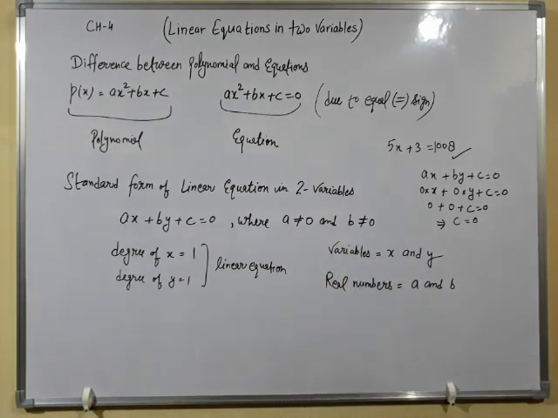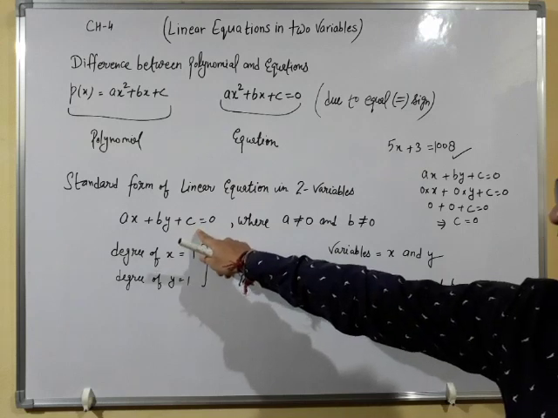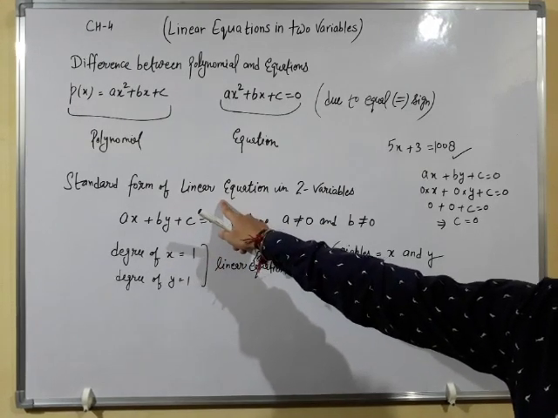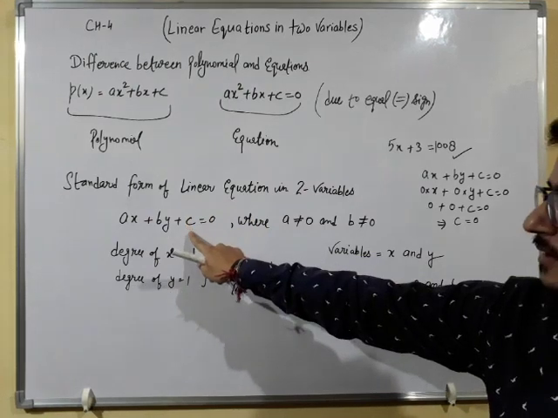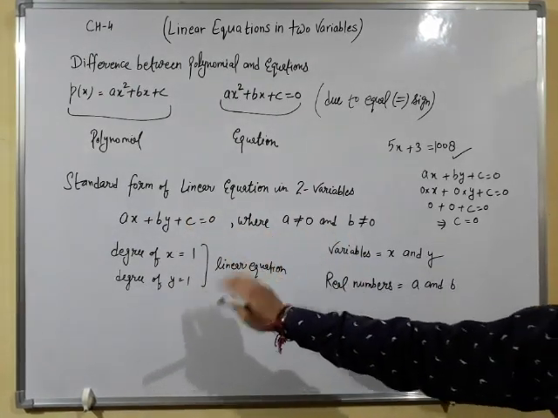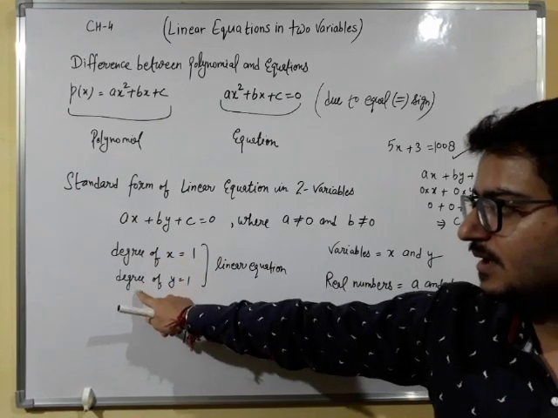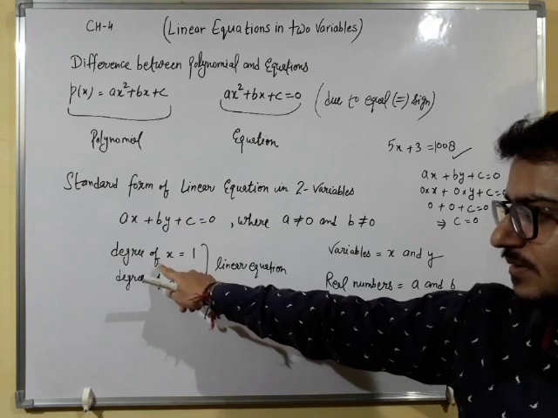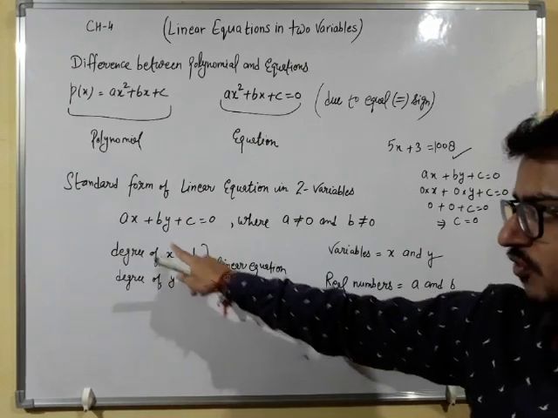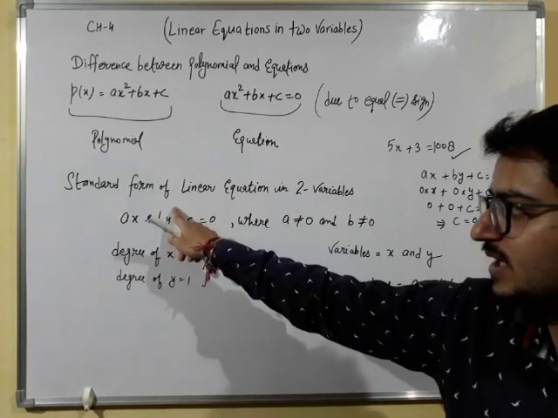How can we declare that this equation is a linear equation? We know x and y are two variables here. So we will find the degree of the variable x and the degree of the variable y. The degree of the variable x is 1 here, and the degree of the variable y is 1 here.